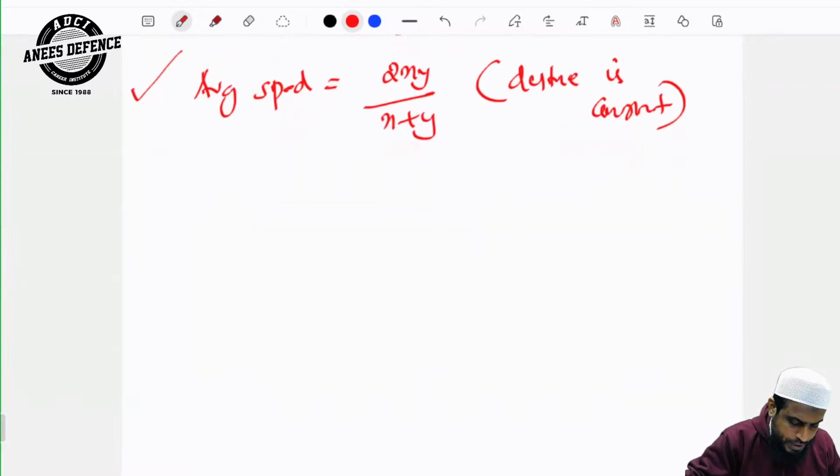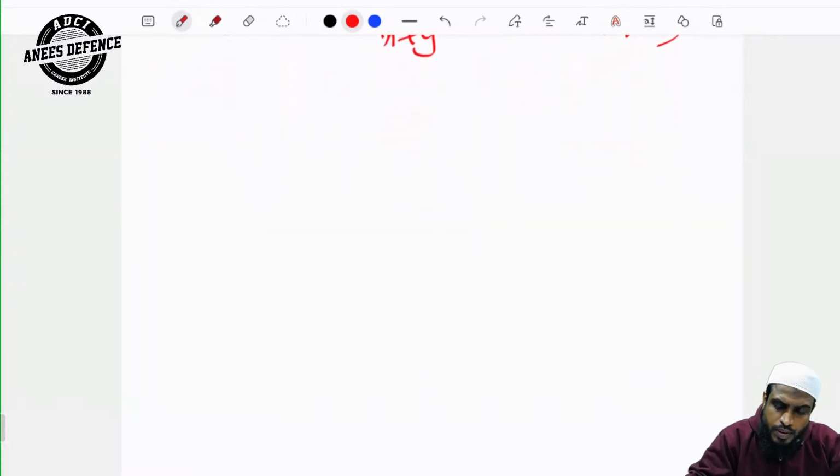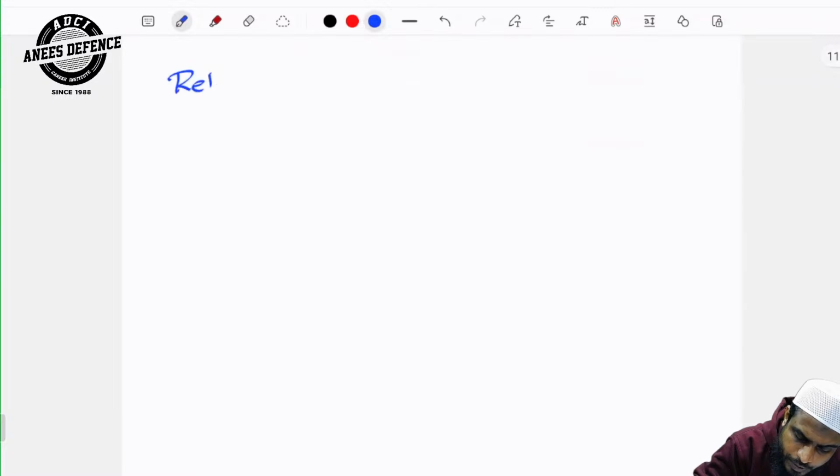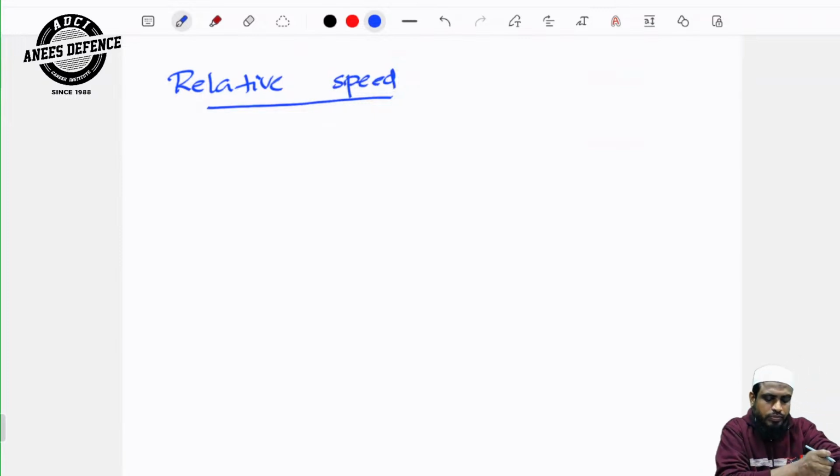Then relative speed. Then the concept of relative speed. So relative speed, here we have to consider two bodies.